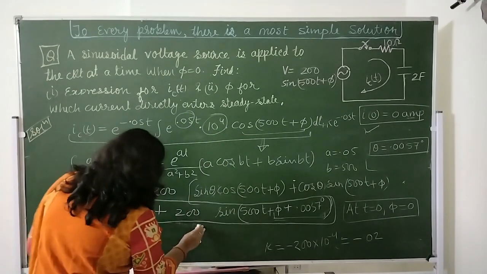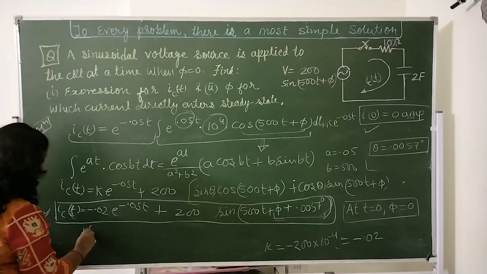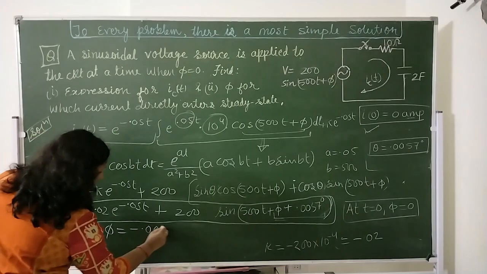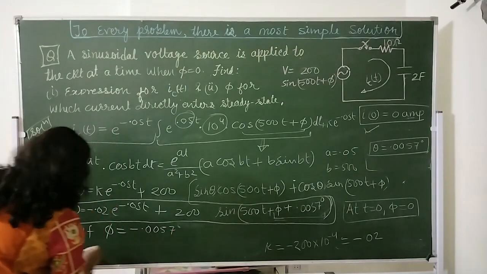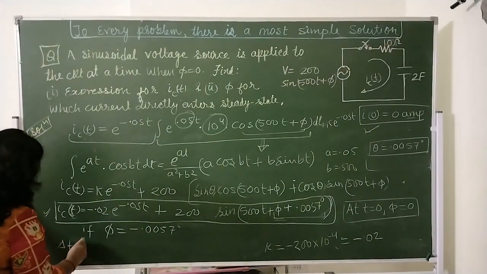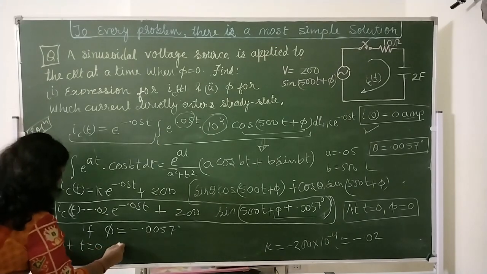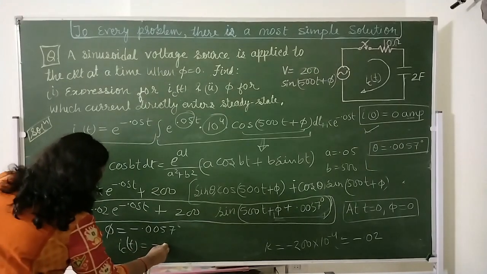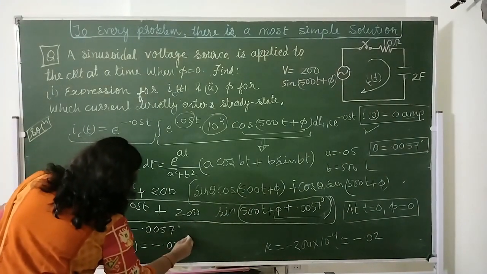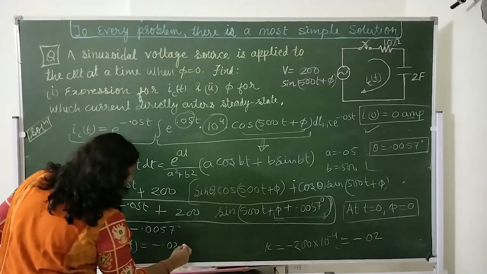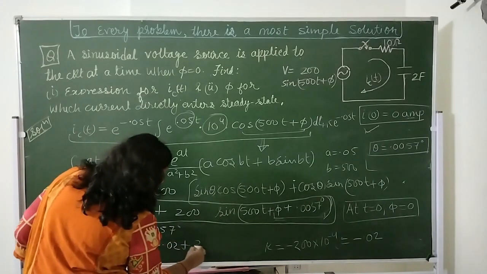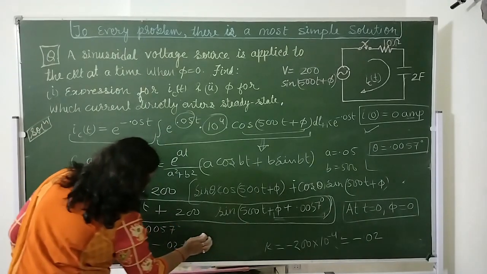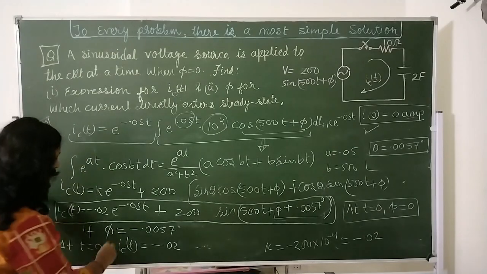If phi equals minus 0.0057 degree, then at t equals 0, what will be our current? i_T(t) equals minus 0.02 e to the power 0, that is 1, plus 200 into sin 0, which is again 0. So the value of current is this much.